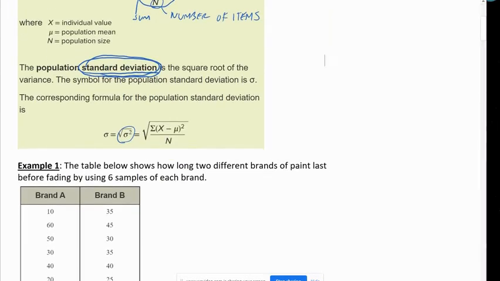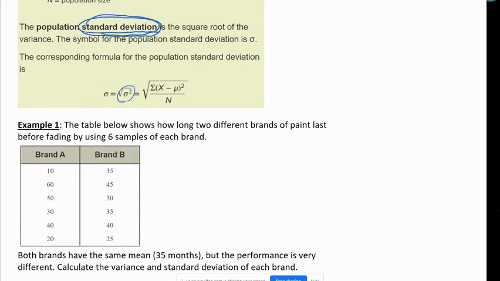Okay, and so we'll go ahead and calculate both of those statistics, the variance and the standard deviation. In this example, sorry, we have 2 brands of paint, and this tells us on average how long the paint lasts, in years, or months actually.